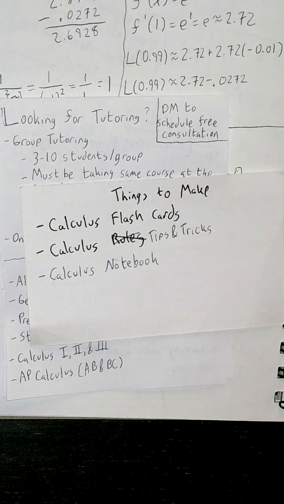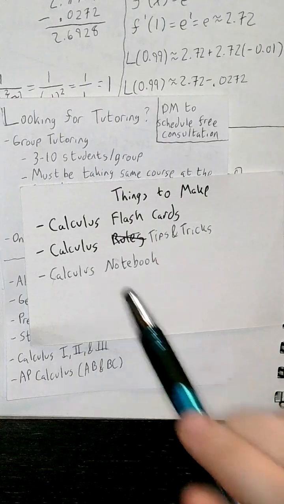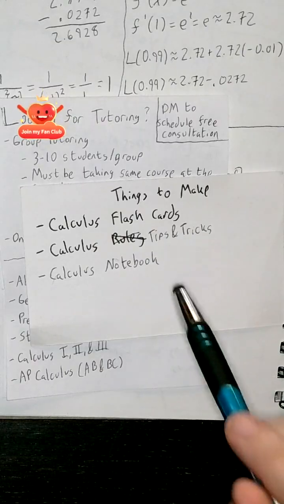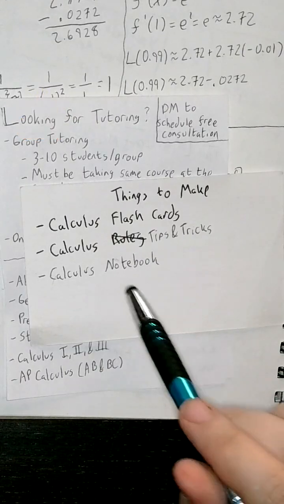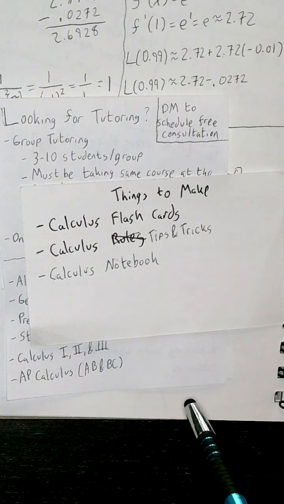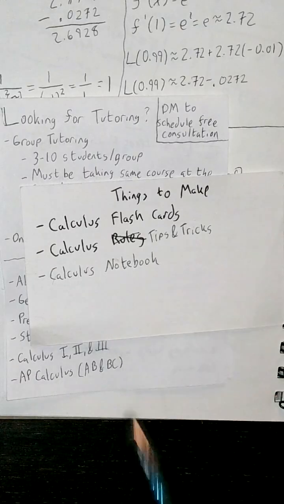I don't want it to be just a list of formulas. I want to show you what allowed me to be successful in calculus. And I also want you to know what didn't make me successful in calculus. And then I am also working on my calculus notebook. I'm still in the very early stages of that.